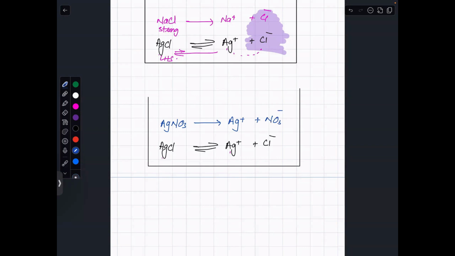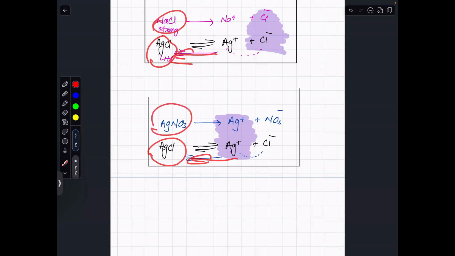If I am adding NaCl, it increases the Cl and shifts the equilibrium to the left. If I am adding AgNO3, it will increase what? The Ag plus. Don't you think their collision will increase and shift the equilibrium to the left-hand side? So the solubility of the weak is suppressed by the strong if there is a common ion.